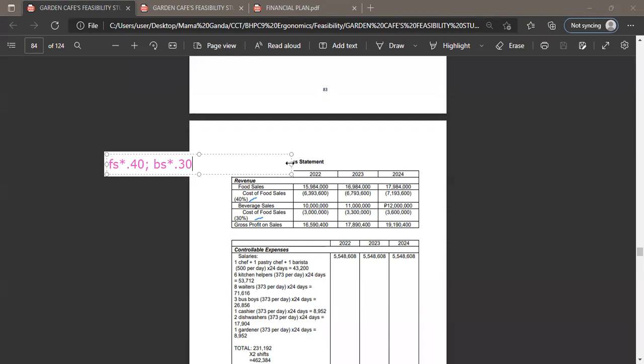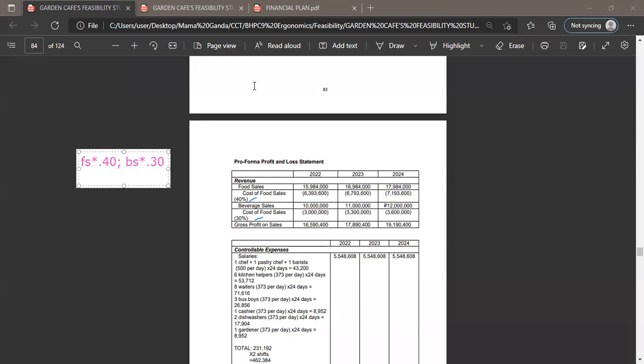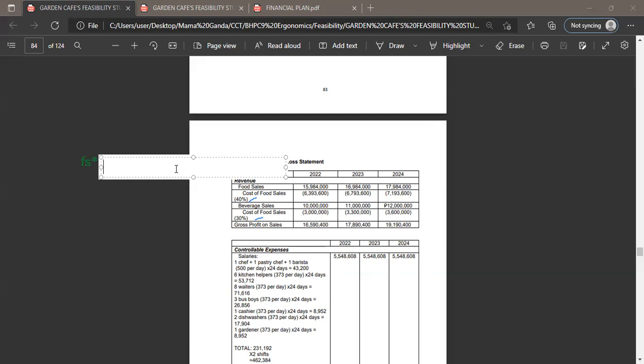Once we get the product of that, we need to subtract the cost of food sales from the food sales.